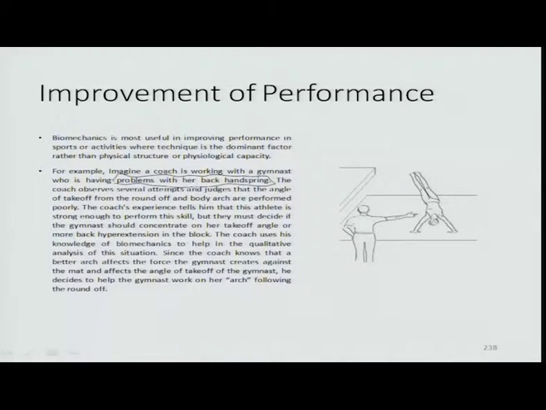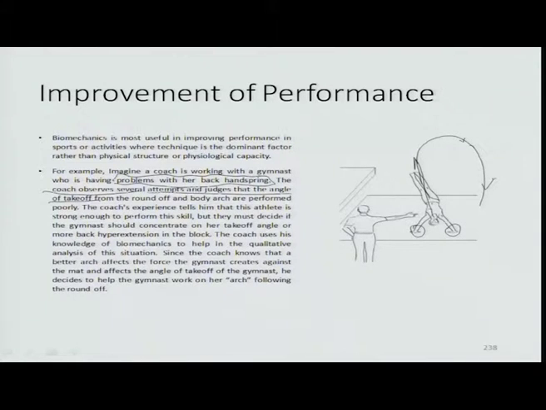The coach observes several attempts and tries to judge the angle of takeoff. The backhand spring is basically as the gymnast takes support of her hands and throws her body in a manner so that the body arches. First it goes at a certain angle and then it rounds off and then it arches, so that the gymnast can turn around in this manner through a backhand spring attempt.